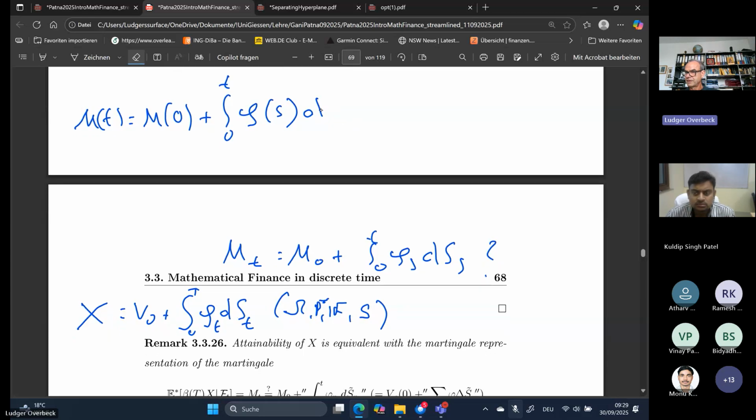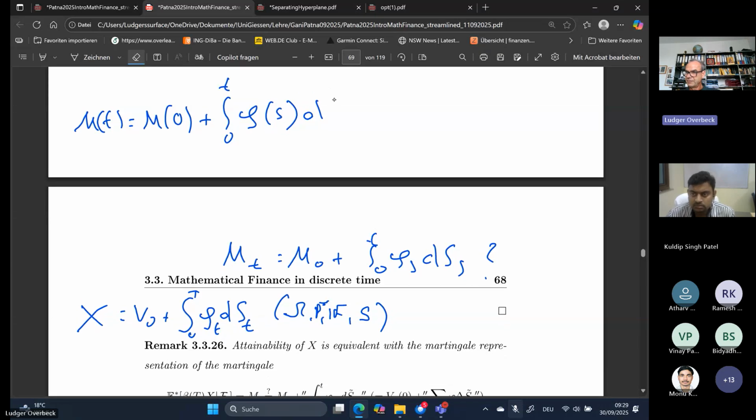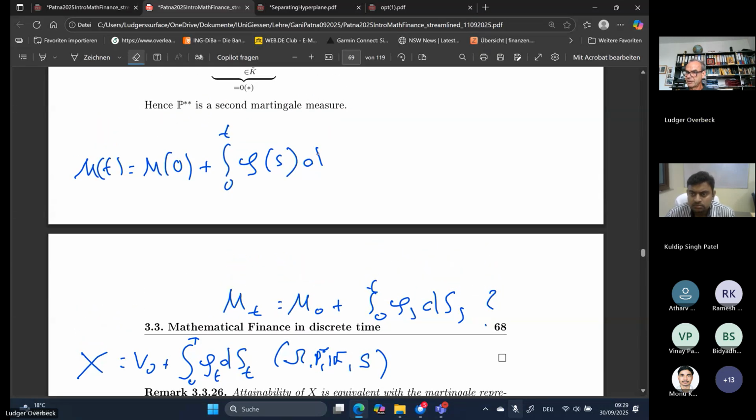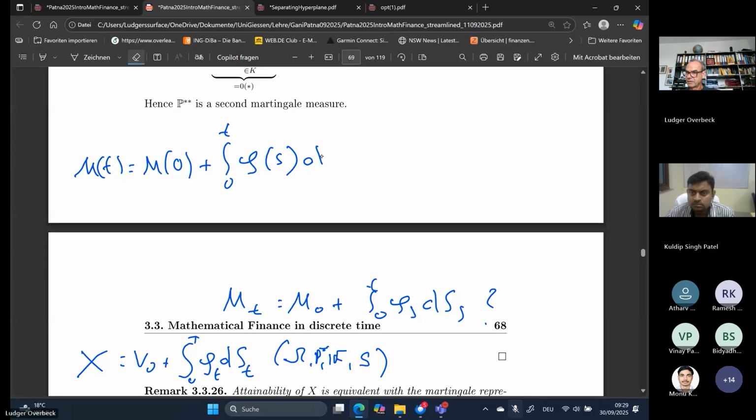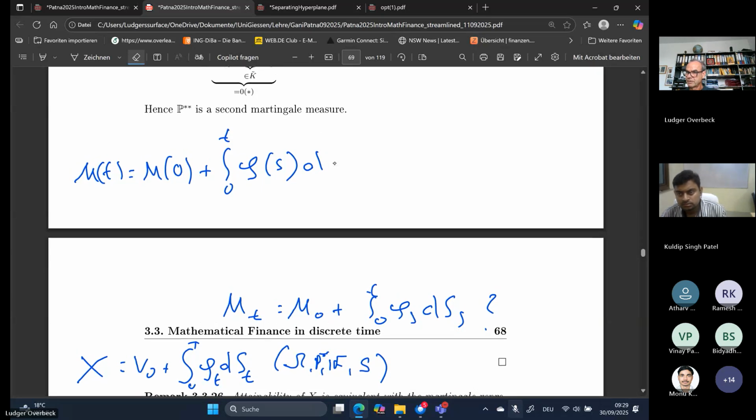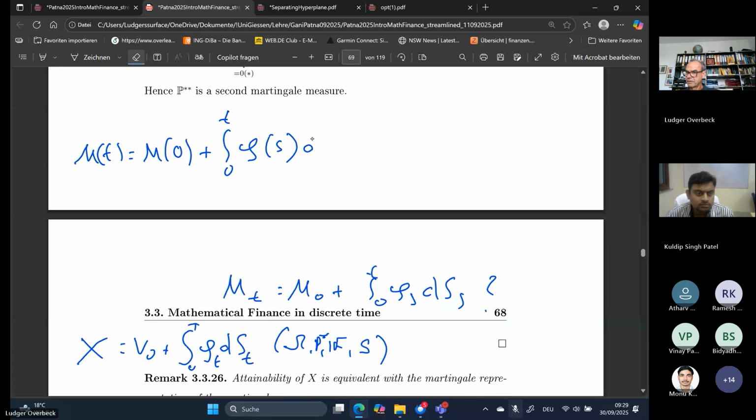Which fundamental theorem looks the same? Any idea? Write it down yourself.